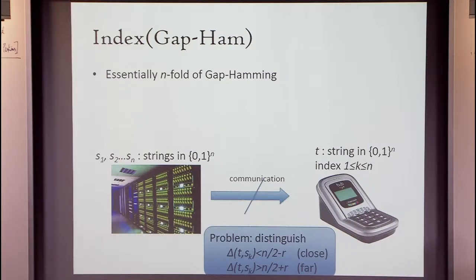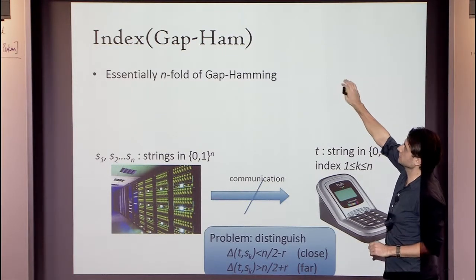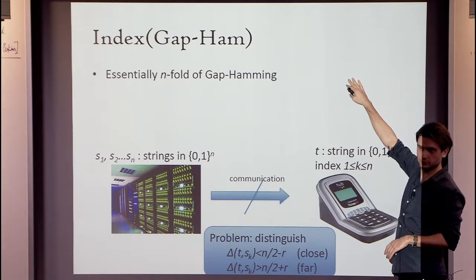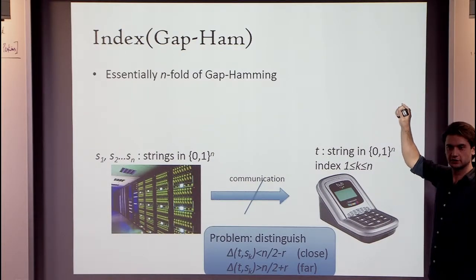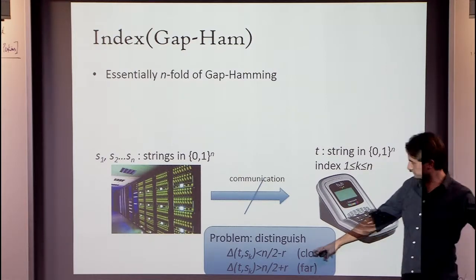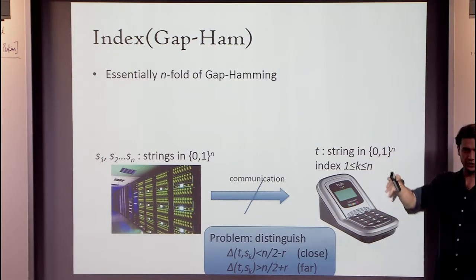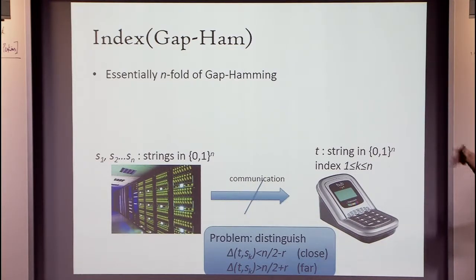So why is it called index gap Hamming? Well, it is essentially an n-fold of the gap Hamming problem. In the gap Hamming problem, Alice has one string of length n, Bob has another string of length n, and you need to distinguish close or far, basically half distance minus standard deviation versus half distance plus standard deviation.